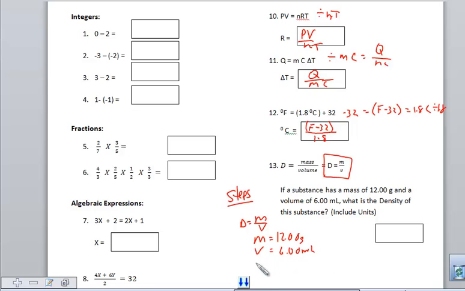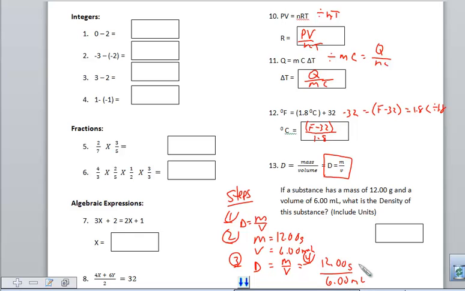The variable you're looking for is obviously density, so you rearrange the equation if necessary, and this would be step 3. Step 4 is plug in the values, 12.00 grams over 6.00 milliliters.